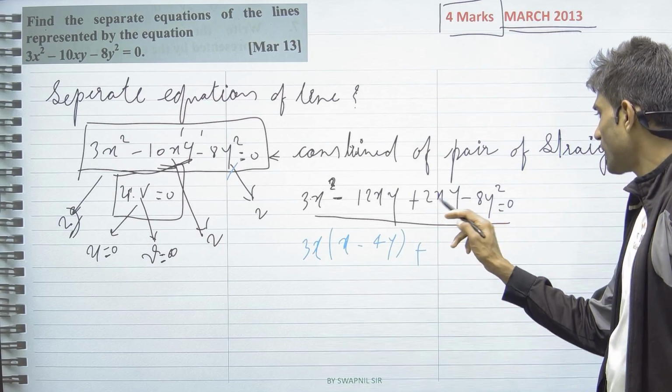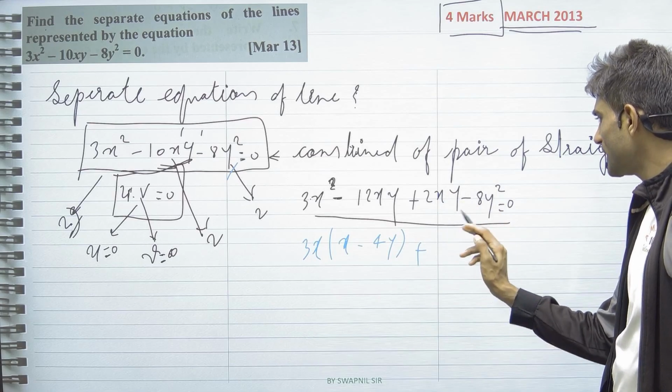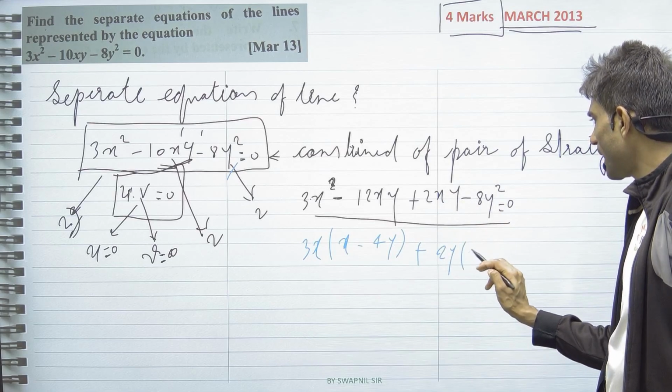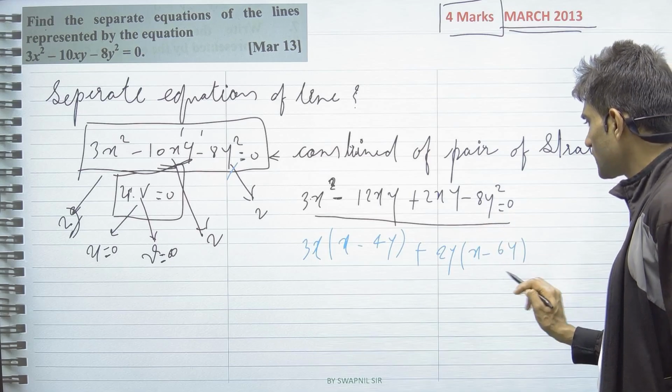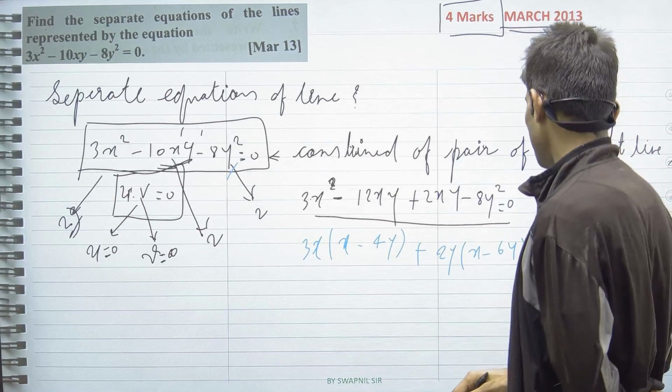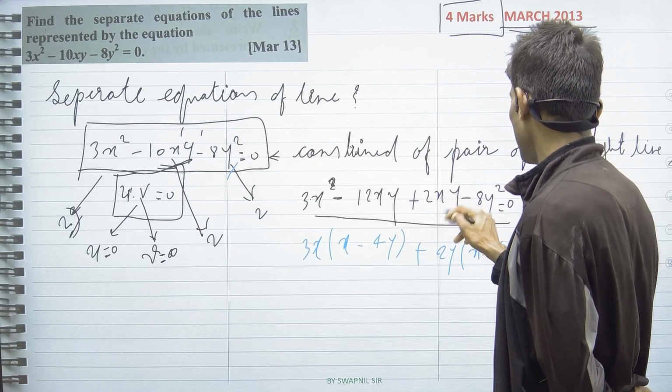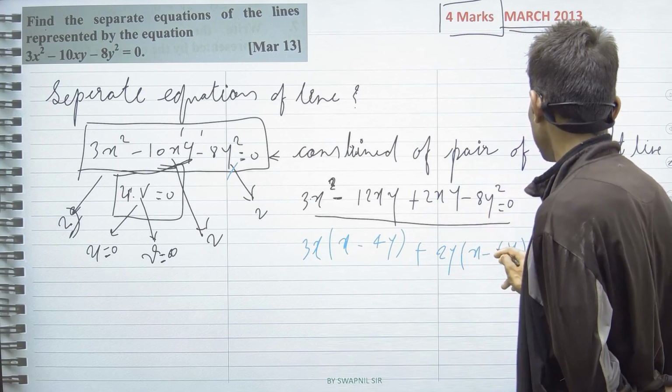Now 2xy is there, take 2y common from these two terms. So 2y common, under bracket x minus 6y. Is it possible to take common? No, sorry, x minus 4y.